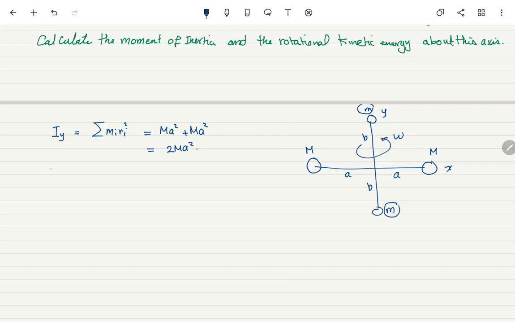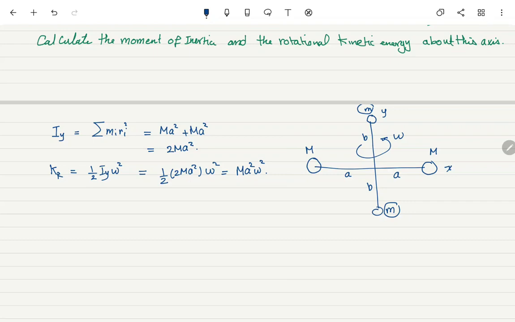And the rotational kinetic energy is equal to half I y omega squared, which is half 2 m a squared omega squared, or m a squared omega squared.